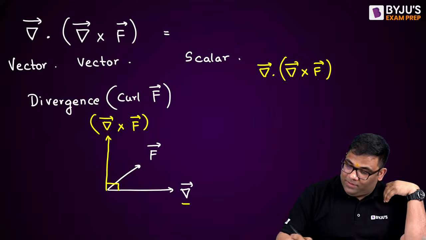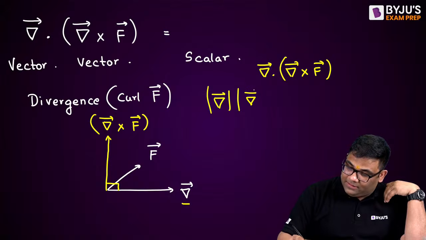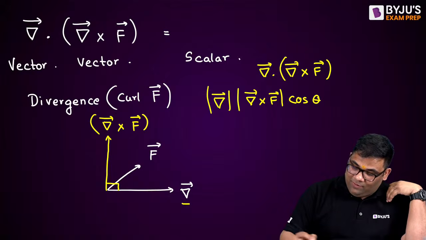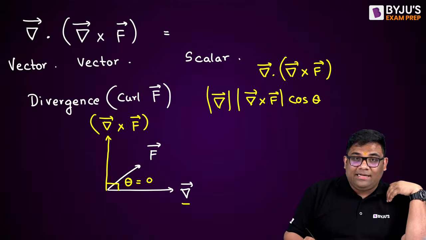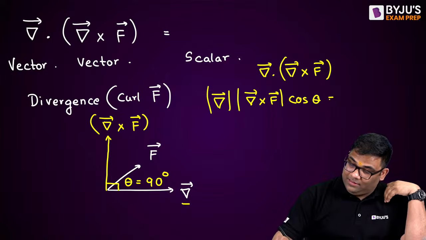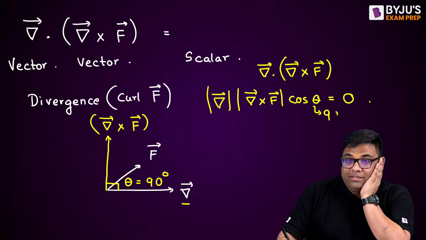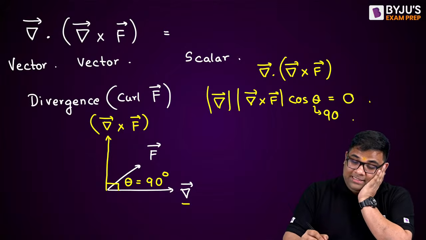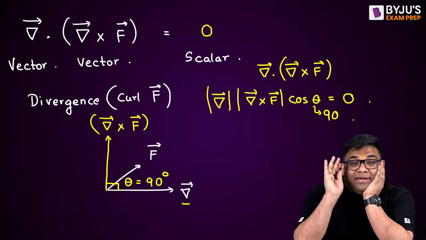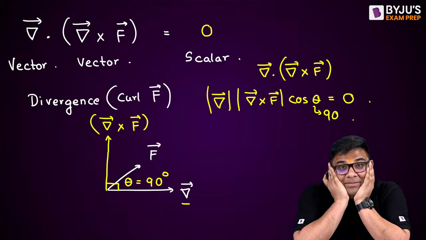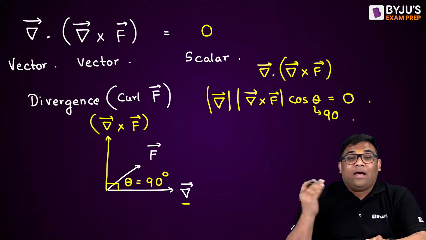This will be equal to the magnitude of this times the magnitude of this into cos theta. And theta is how much? Theta is 90, ladies and gentlemen. So cos 90 is 0. So I can say this will be 0, but this is a scalar.